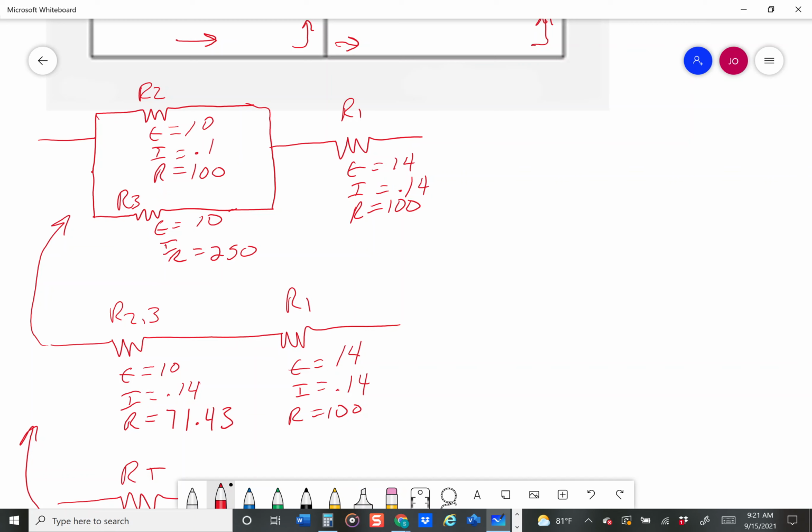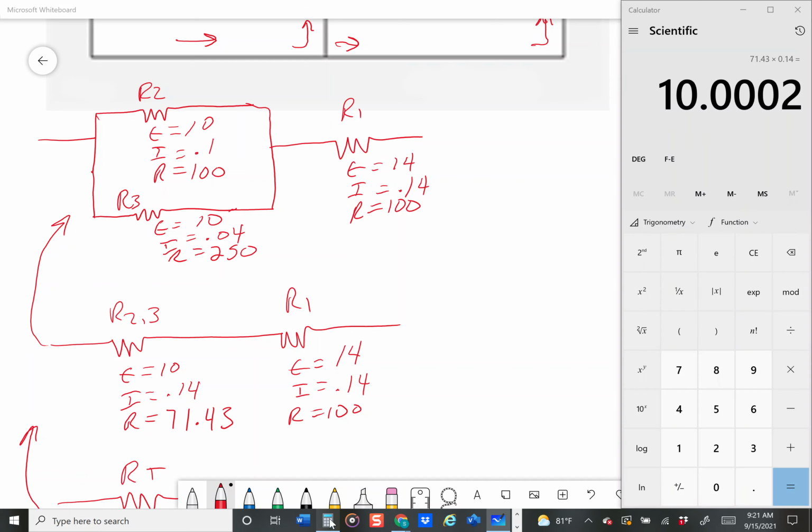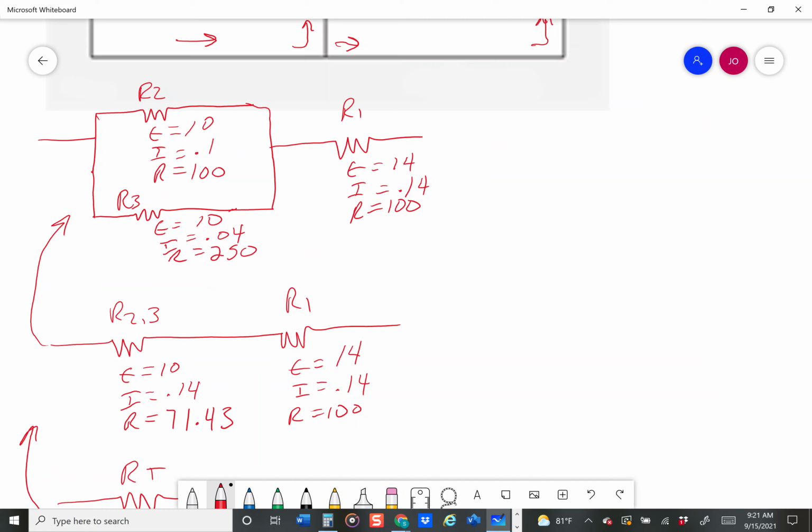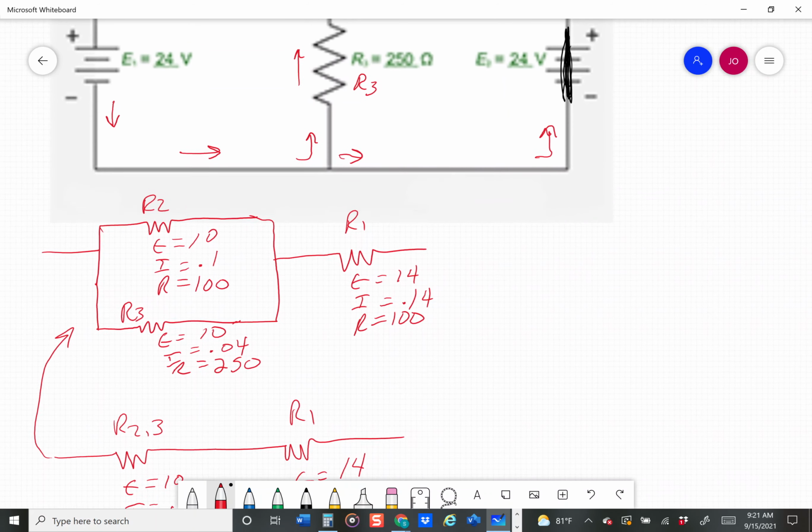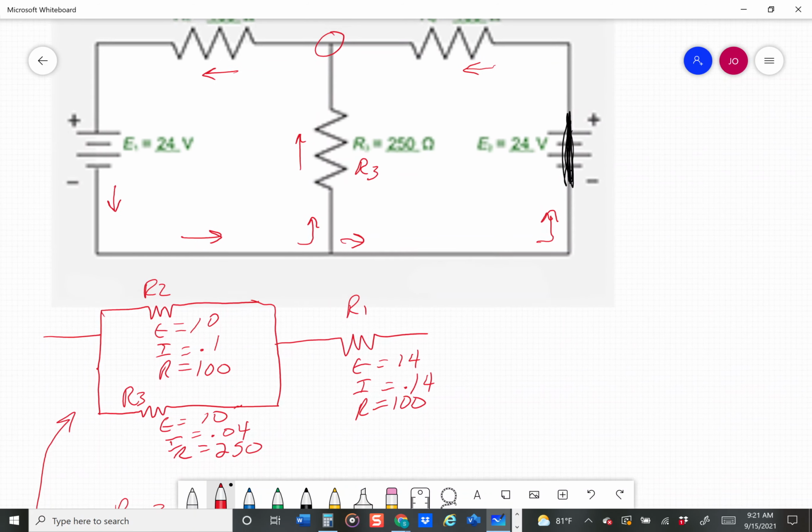And I know my currents are additive, so that should be 0.04, but again, I can do the math: 10 divided by 250 gives me a value of 0.04. So now I know all the values that I need and can bring them up into my chart.